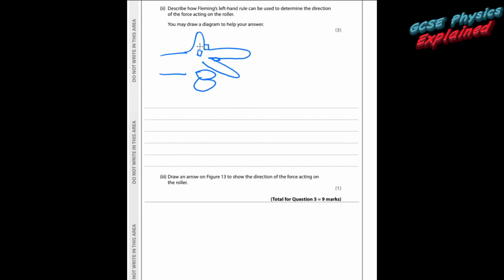To keep it simple, that would be your thumb, that would be your first finger, and that would be your second finger. 90 degrees, 90 degrees, 90 degrees. Make sure you label them. So the thumb equals the movement, which is obviously caused by a force.